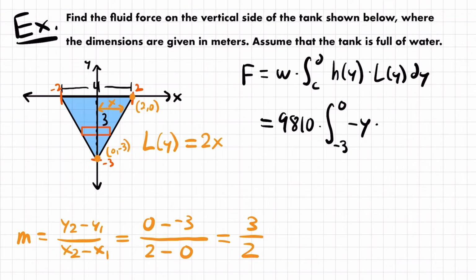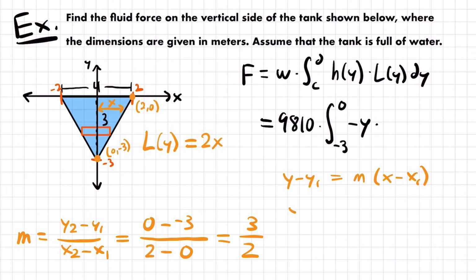Now we can use that slope as well as one of these points to set up an equation for that line. And we're going to do that by using the point slope formula for the equation of a line. And that looks like this: y minus y1 is equal to the slope times x minus x1. And so if we use this coordinate point right here, (0, -3), we'll have -3 as our value of y1 and 0 as our value of x1.